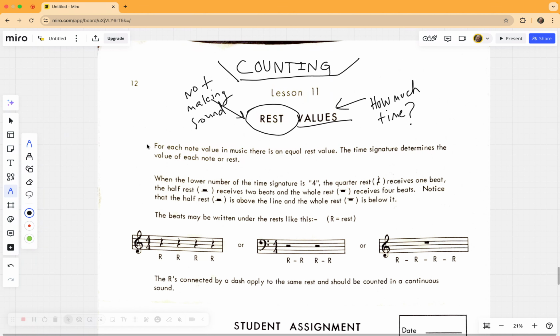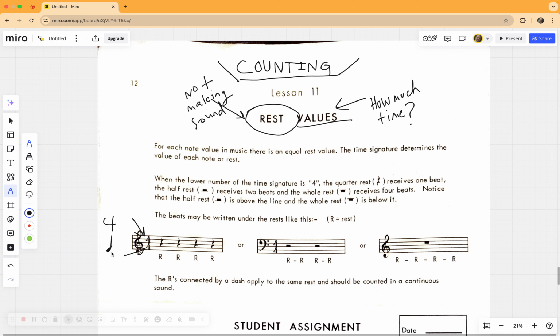All right? So for each note value in music, there is an equal rest value. The time signature determines the value of each note or rest. We're going to stick with 4/4 in this lesson right here in the beginning because it's something that you've studied already. Remember, 4/4 means there are four quarter notes in each measure.